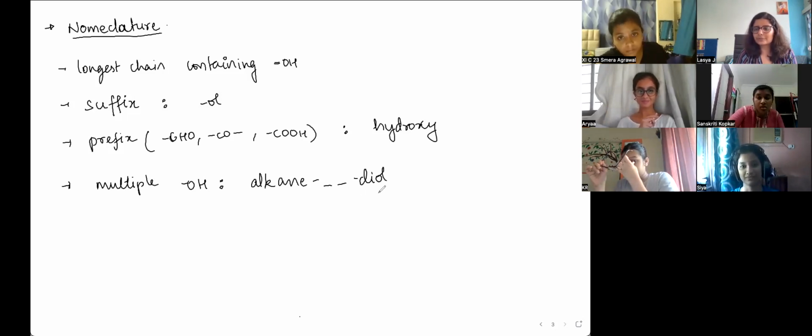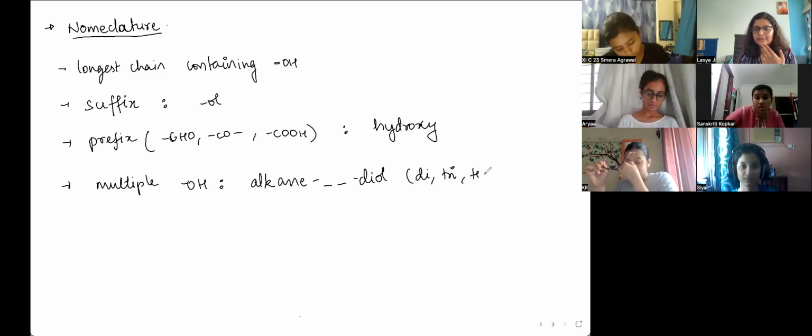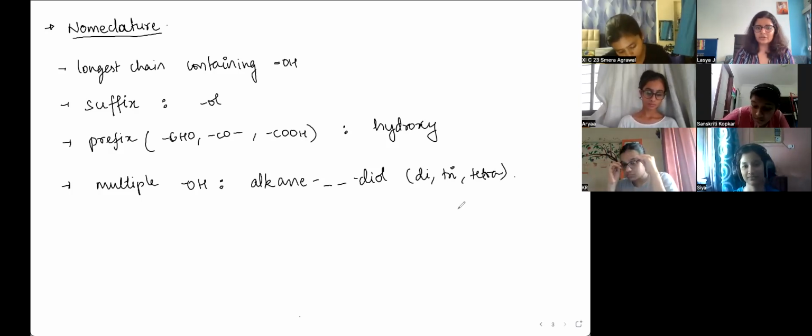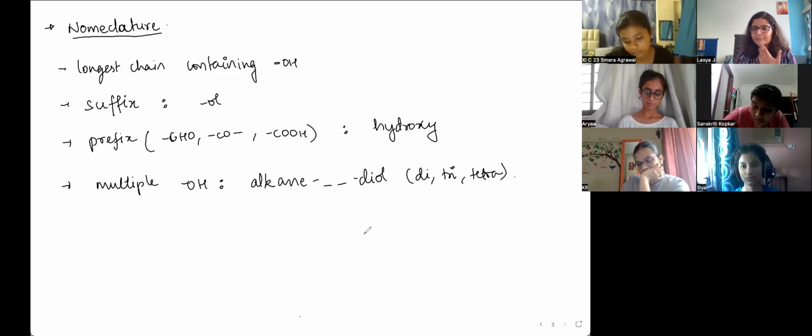Diol or triol, however many there are. So use di, tri, tetra, etc. And when it comes to phenol, in IUPAC names you need to mention the position numbers, unlike common names with ortho, para, meta.